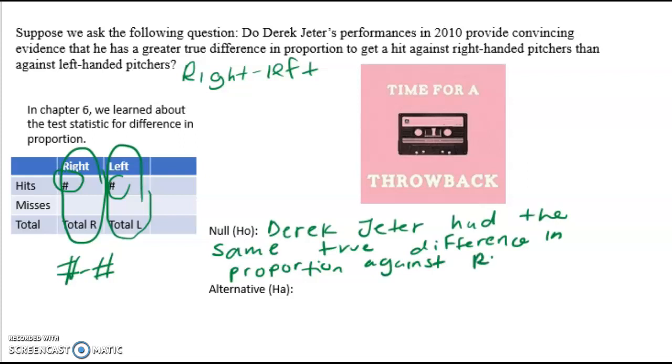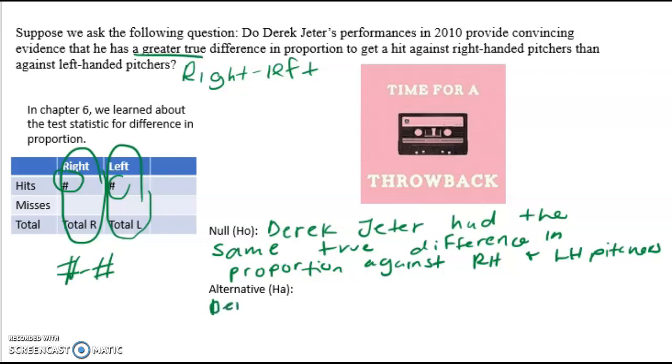So I'm just going to use an RH for right-handed and left-handed pitchers. Now your alternative hypothesis is the statement of change. So we're testing that he had a greater true difference in proportion. So that would be our alternative.